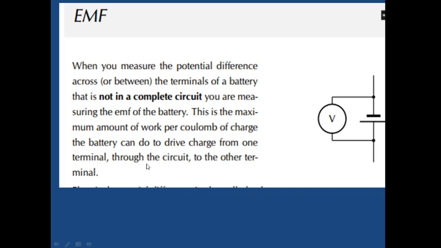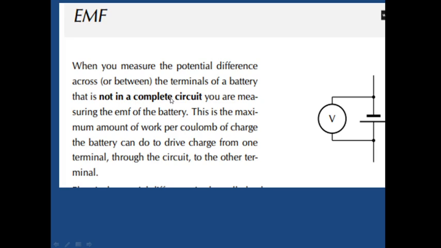So if you are measuring the EMF, you want to know the work this battery can do to drive the charge. So the difference between the EMF and the potential difference is very simple. When it is connected in a complete circuit, that is the potential difference, and when you measure it when it is not connected, that is what we call the EMF.